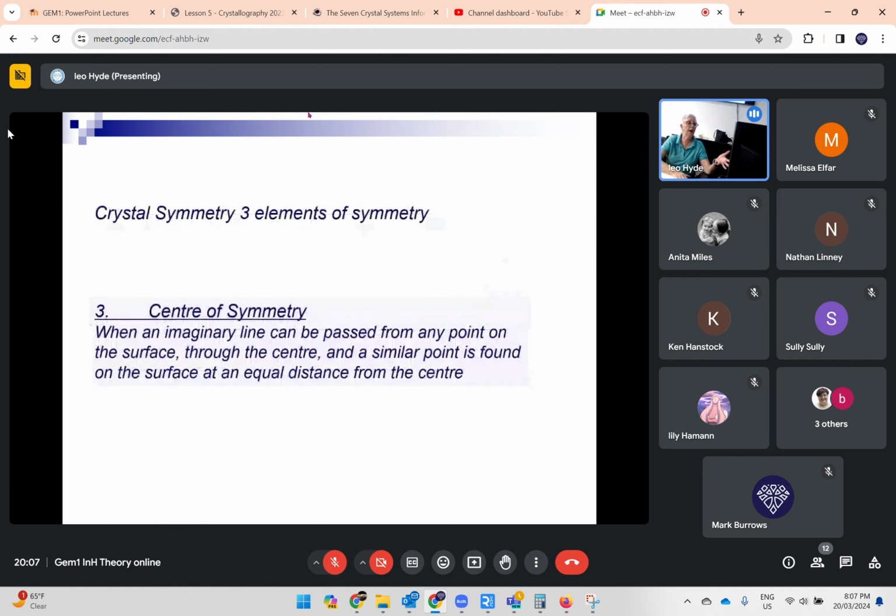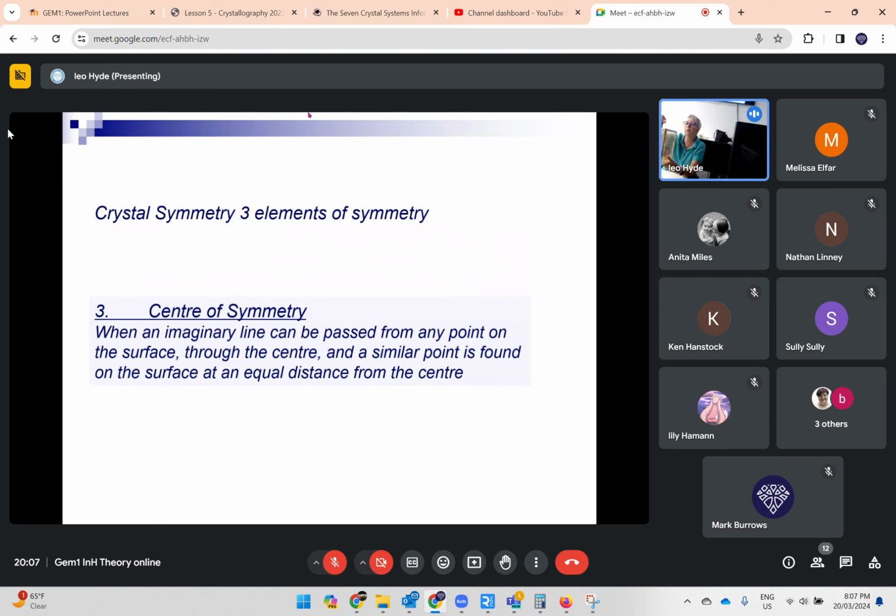Okay. Now, the other part of symmetry is a center of symmetry. So if we put a line through the center of a crystal, can I put it from a direction through there and come out on the other side equidistant? So does this crystal have a center of symmetry?